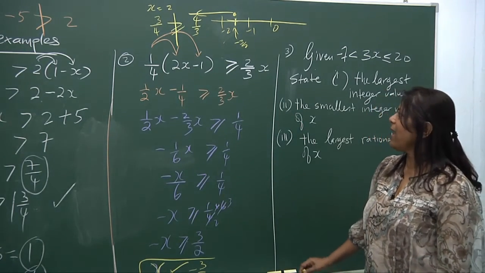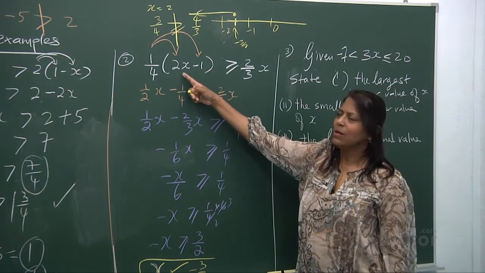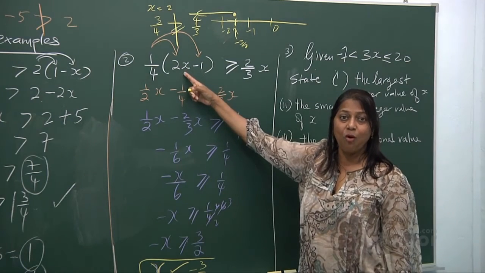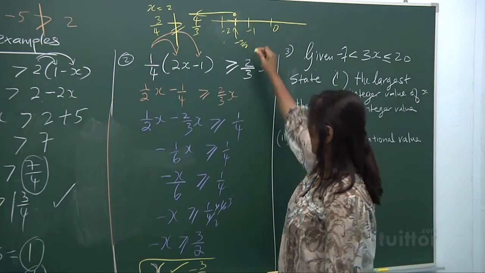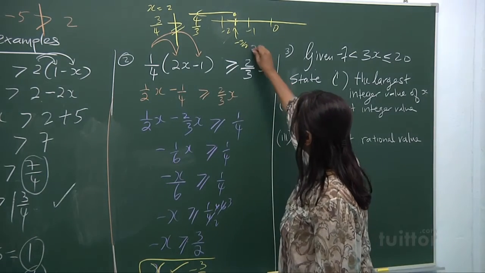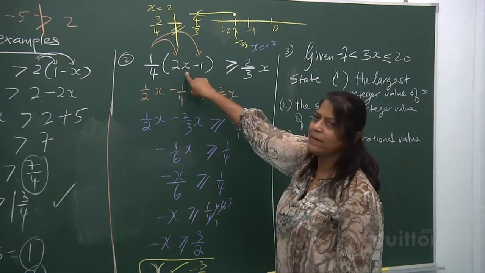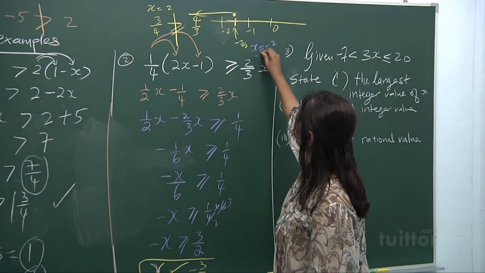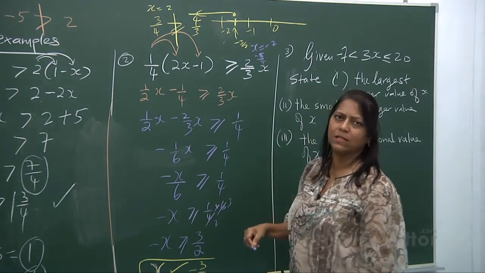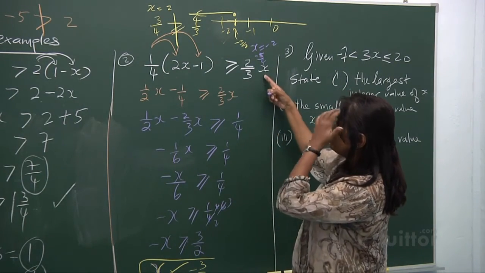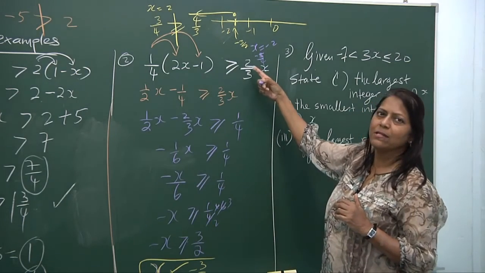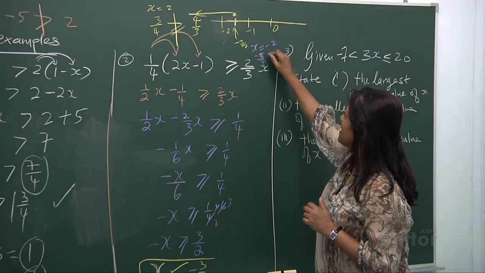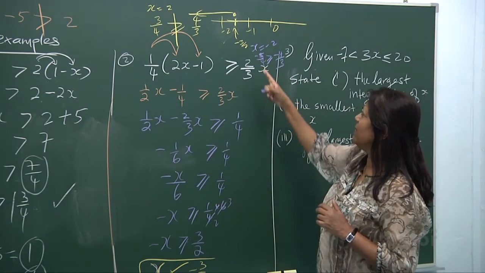Let's take x as minus 2. 2 times minus 2 gives minus 4. I'm taking x to be minus 2. This will be minus 4 times 1, minus 5, times 1 quarter. I get minus 5 quarter. When I put minus 2 here, 2 times minus 2 gives minus 4 over 3. Isn't this bigger than this? Look at that.